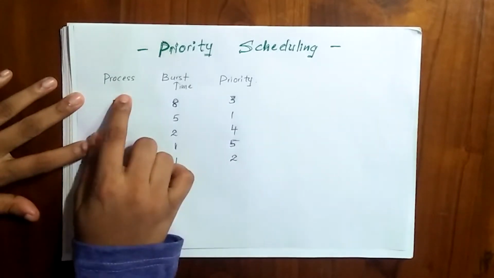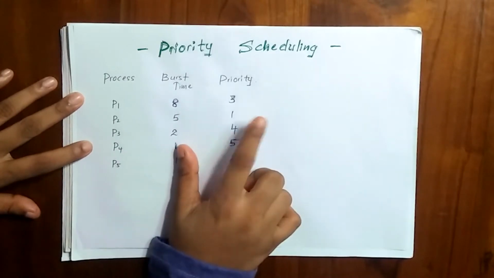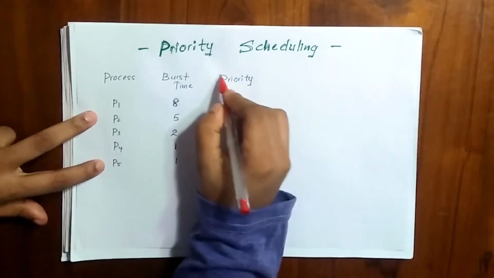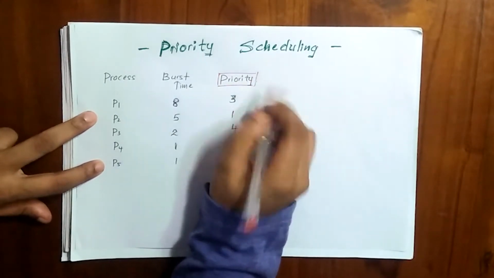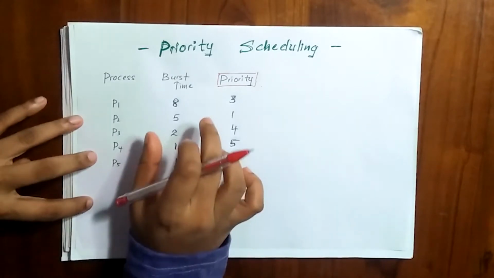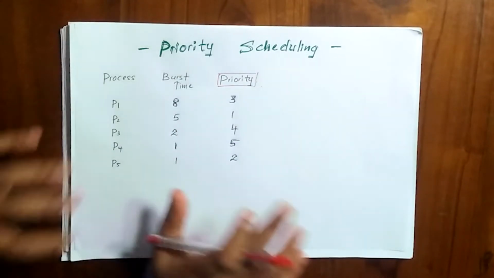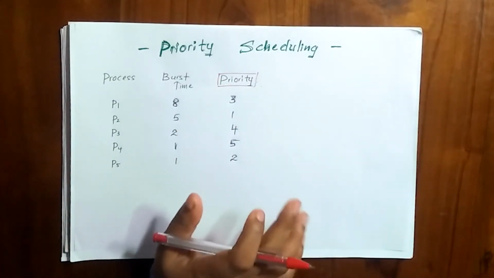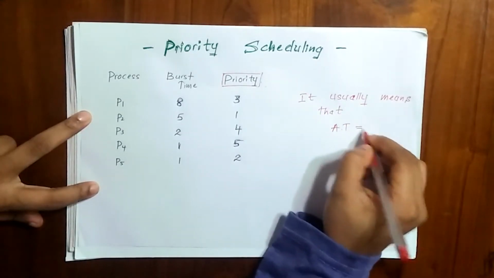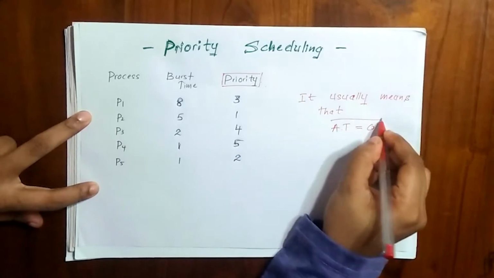We only have process, burst time and priority. This priority column gives this scheduling its name. Now here there is no arrival time, that means AT is 0, right?